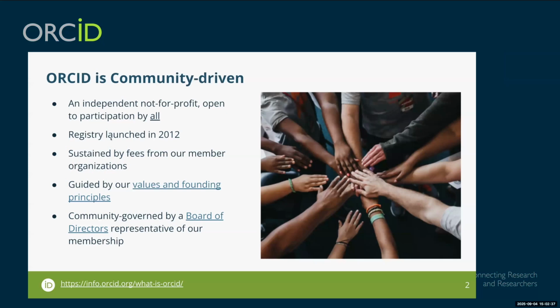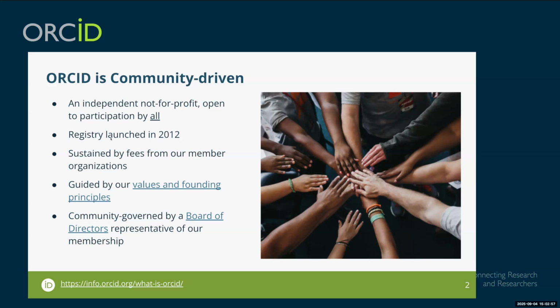So for those who are new to their role in research or who are new to an adjacent industry supporting research, who might not be familiar with ORCID, we're a global nonprofit member organization and an open infrastructure provider. We've been around since 2012.